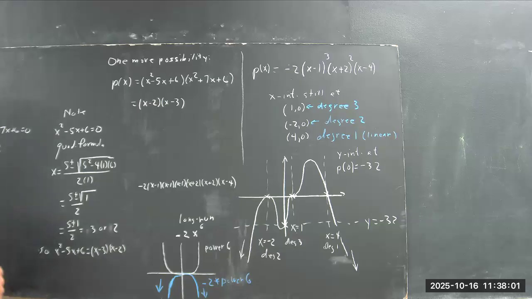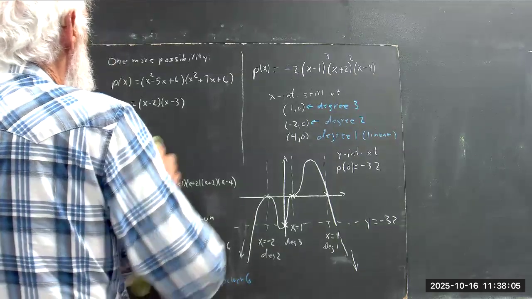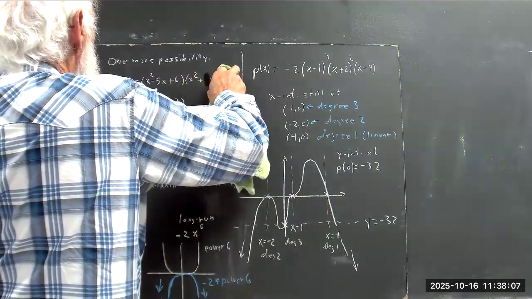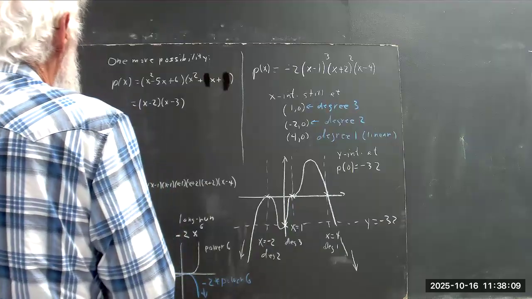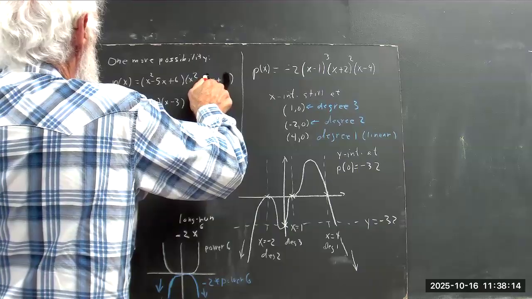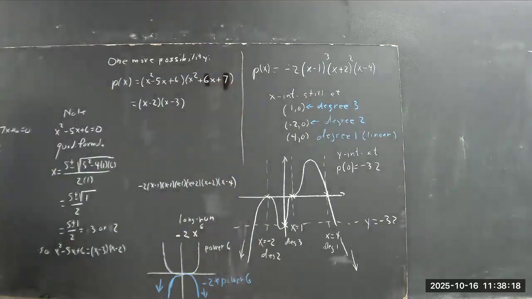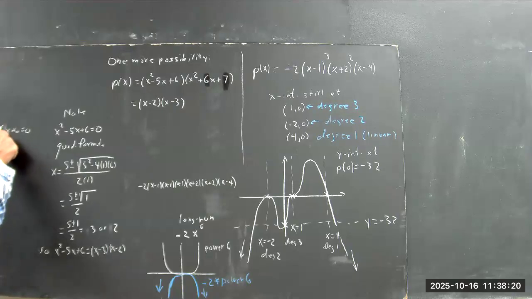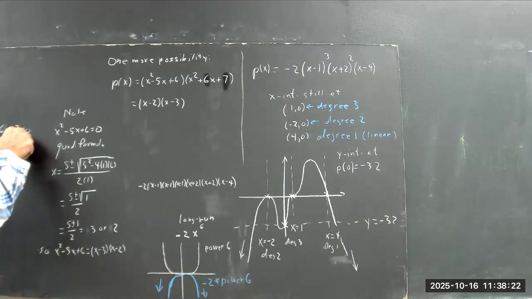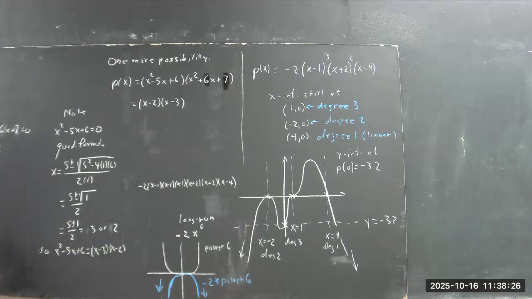You know, I messed that up. That's nothing. One x squared plus 6x plus 7. Because the one I had up there would give you zeros.